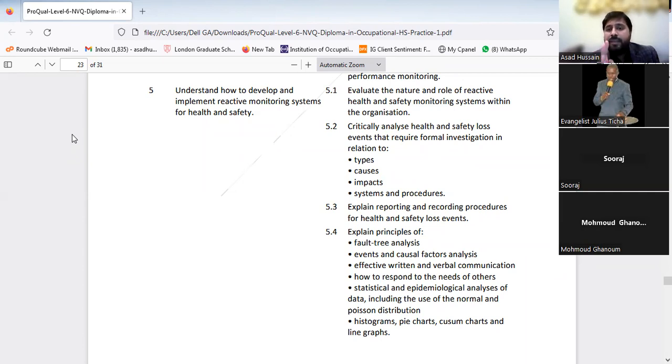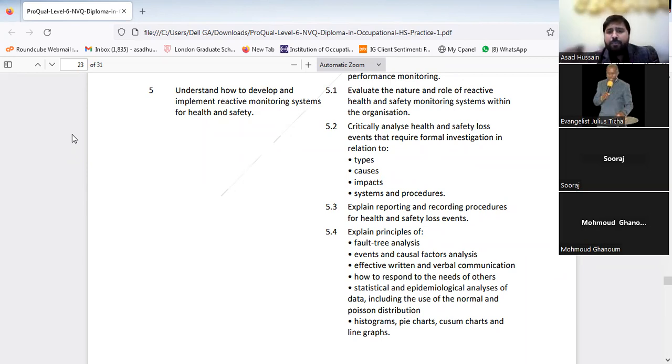It means why we are using different levels of reactive monitoring investigation systems for health and safety. What is the need for performing investigations on different levels? So you have to explain that with respect to your organization.